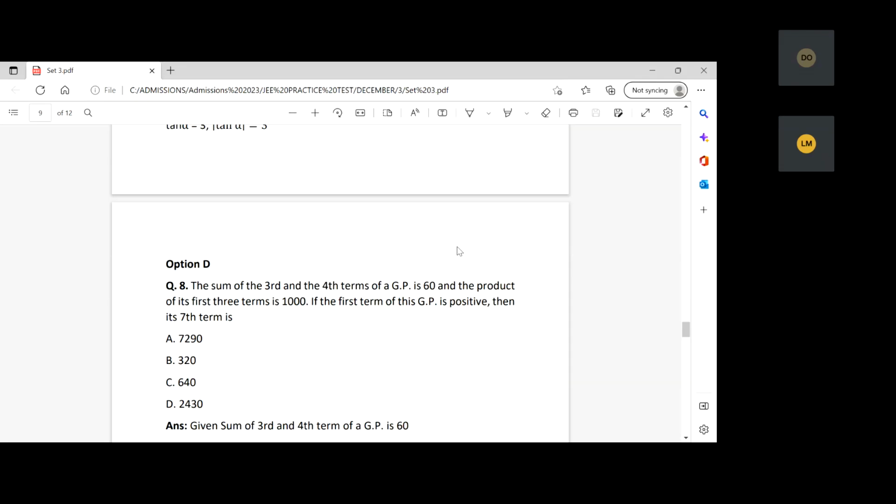You can just start solving it, and then we'll start our discussion. Remember all the formulas that you have studied, the first term, the nth term, and all, and then start doing it.